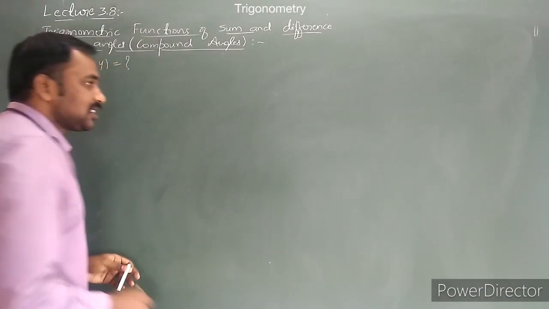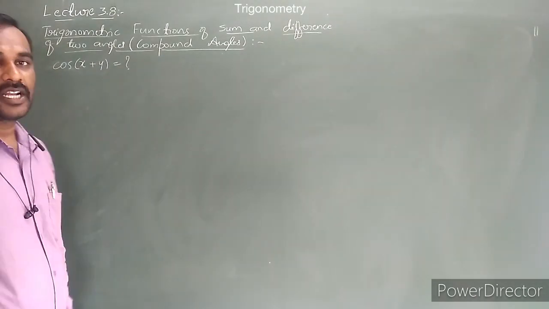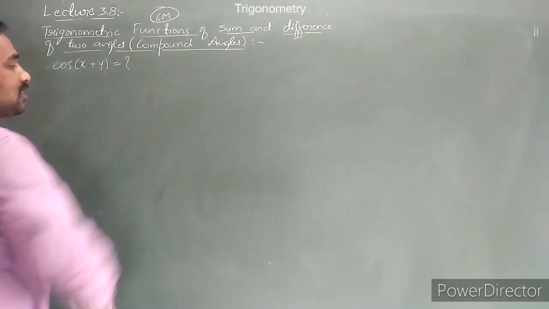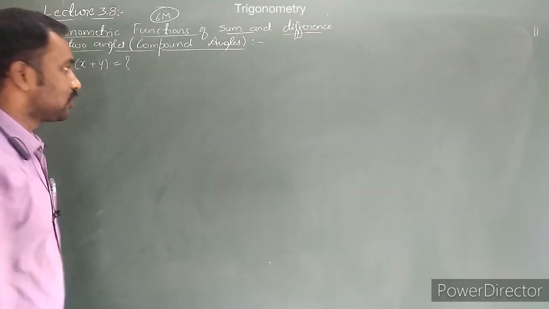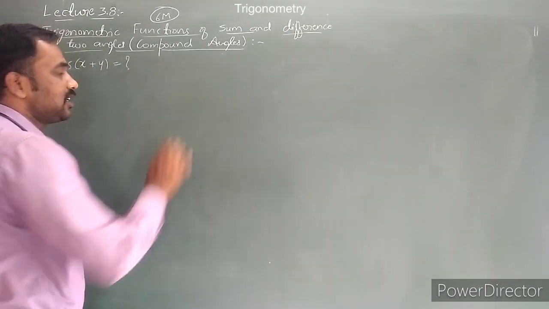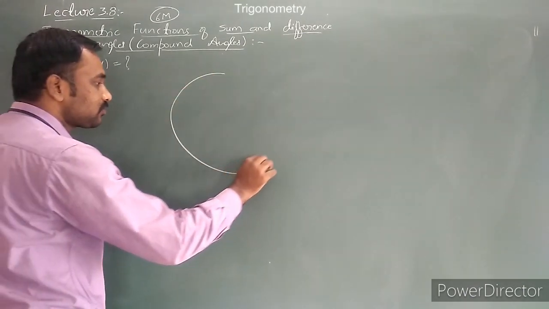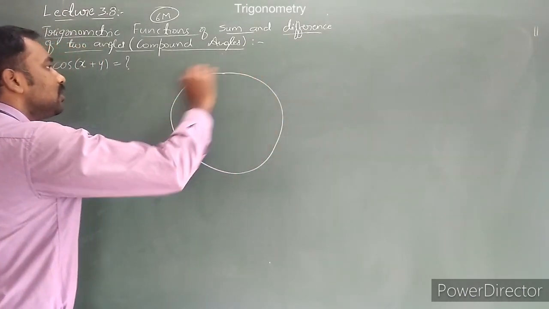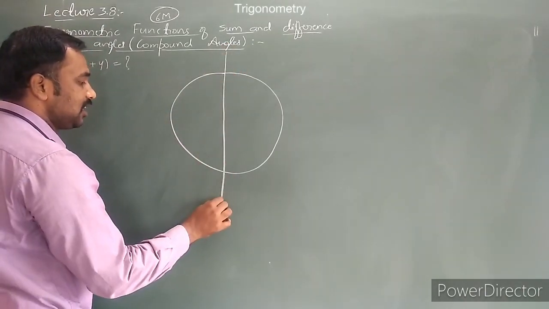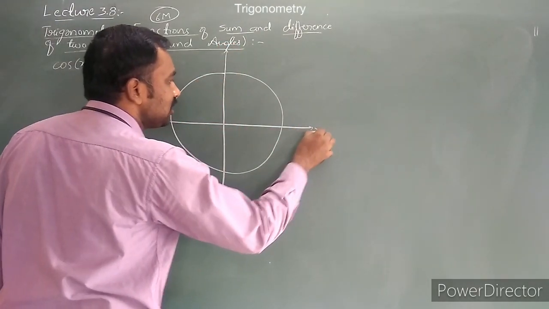To discuss the cos of X plus Y formula, the derivation is very important for 6 marks. In examinations they often ask this 6-mark question. So for that, consider a unit circle.